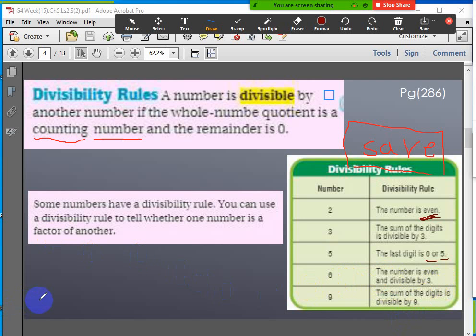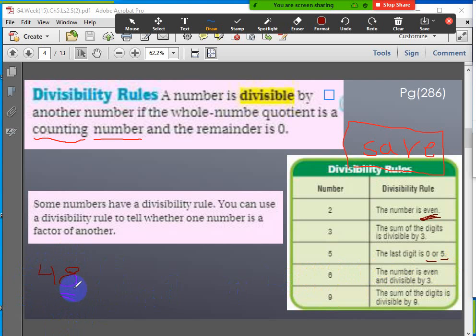Like what? Like 48. Look at this number. Can I divide it by 6? The rule told me that the number must be even. You know that I have to look at the ones digit. If the ones digit is even, that means the whole number is even.